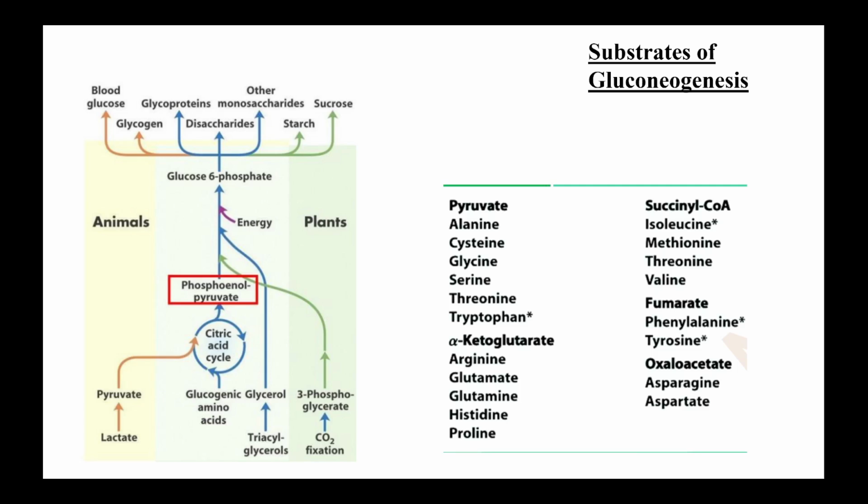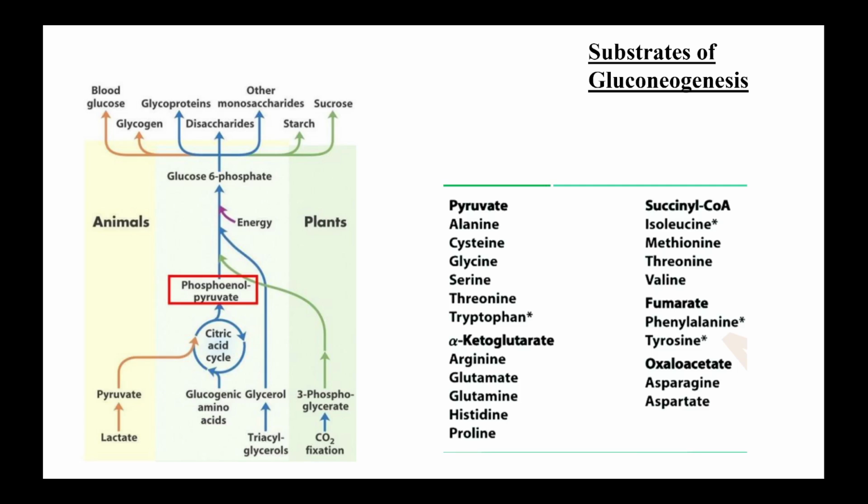Once it enters the TCA cycle, it will obviously get converted into oxaloacetate, and then oxaloacetate can go into PEP. Similarly, we have phenylalanine and tyrosine that can get converted into fumarate, which is another intermediate of the TCA cycle, which can get converted into oxaloacetate and ultimately form PEP.